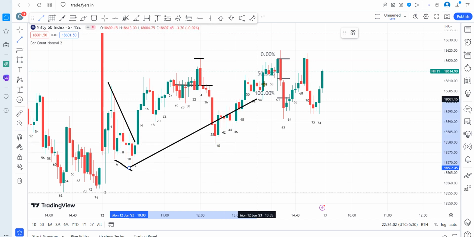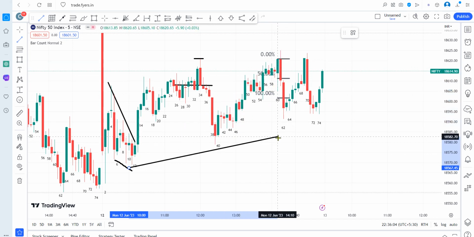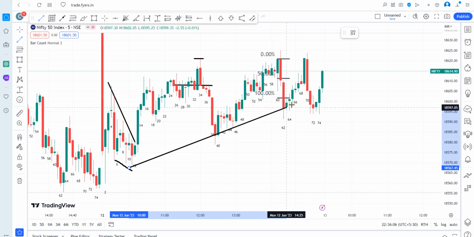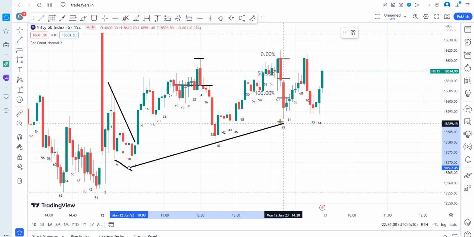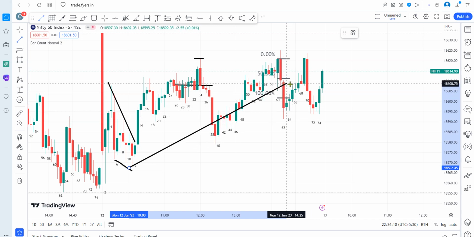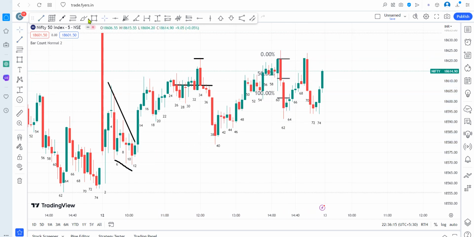30 point stop loss, I understand that, but after seeing this green candle, you just move SL to here. You can exit here, or if you held it, from here you are in profit, exit that leg.